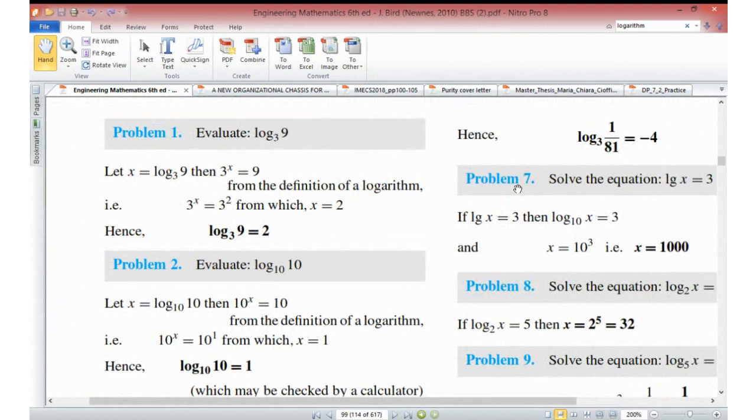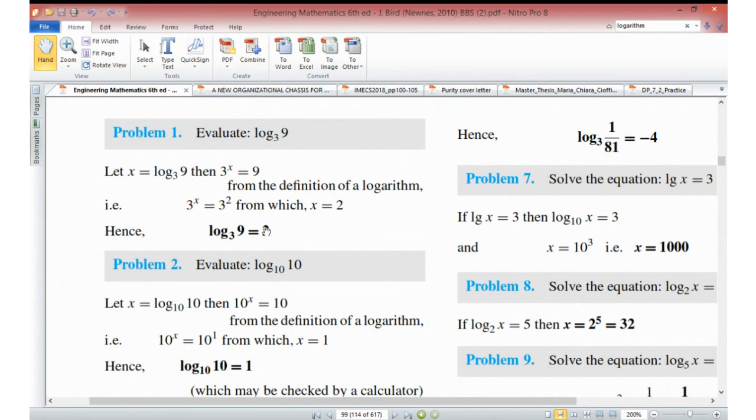So a bit of a recall there, just trying to check if you understood the relationship between indices and logarithms. Evaluate log 9 base 3. We are looking for the answer to that.